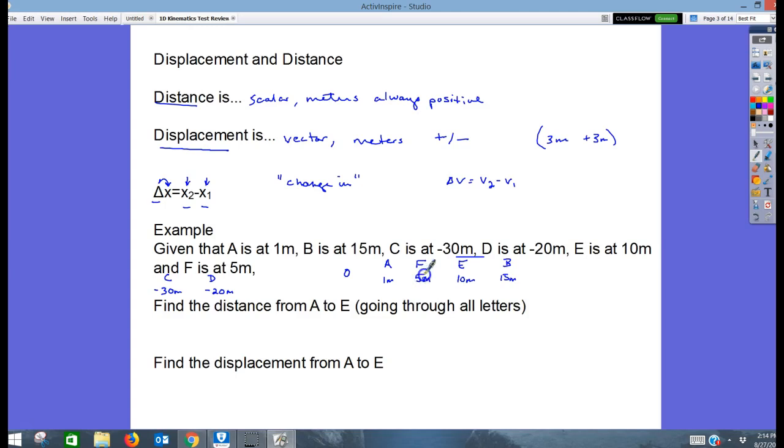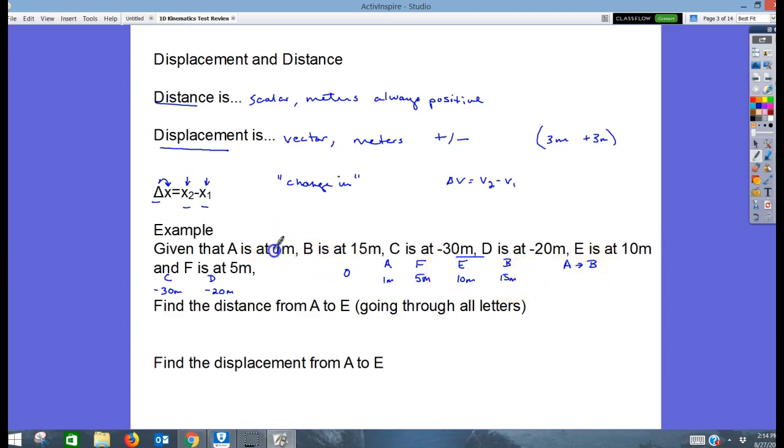You may be asked, given information like this, to find the distance from A to E or the displacement from A to E. If you're finding the distance from A to E, you have to go from A, B, C, D, and then E. Okay, so from A to B, if A is at 1 meter... No, this is a mistake.